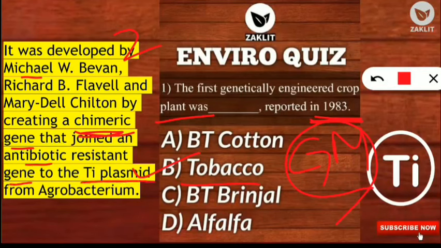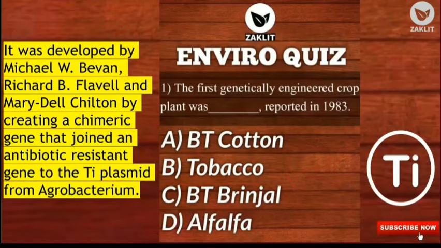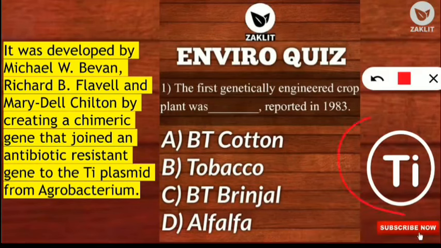This Ti plasmid was collected from the agrobacterium, which was then joined with the antibiotic resistant gene. Now one thing is for you: you have to comment what is the full form of Ti, which is generated from the plasmid of agrobacterium.